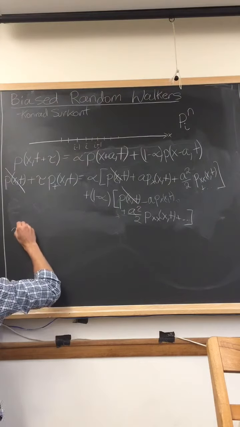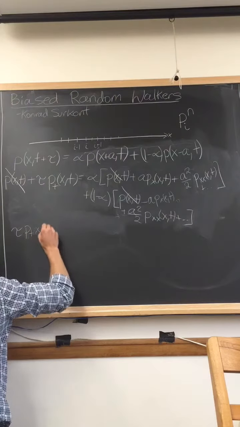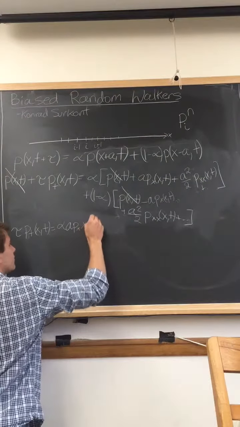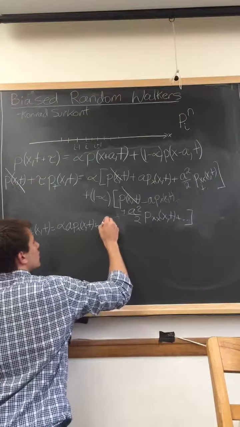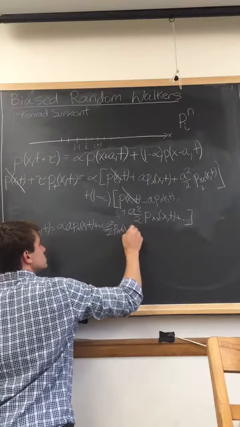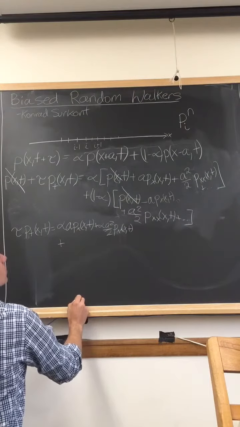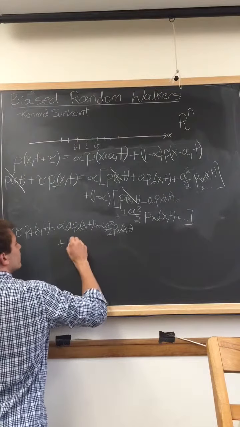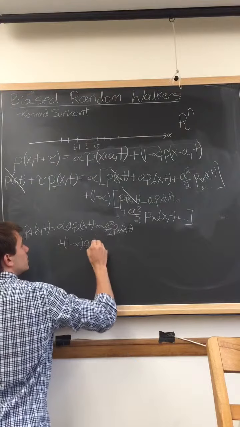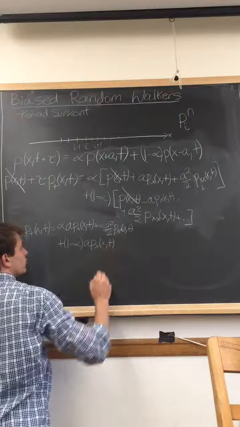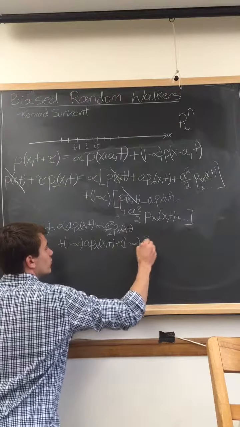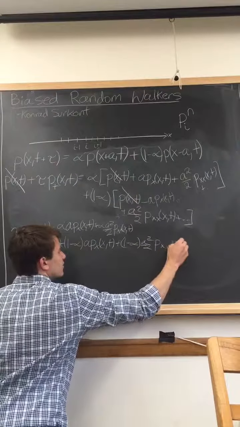Once again, tau times p sub t of x and t is equal to alpha a times p x of x and t, plus alpha a squared over 2 times p xx of x and t, plus 1 minus alpha times a times the single x derivative of p, plus 1 minus alpha times a squared over 2 times p xx of x and t.